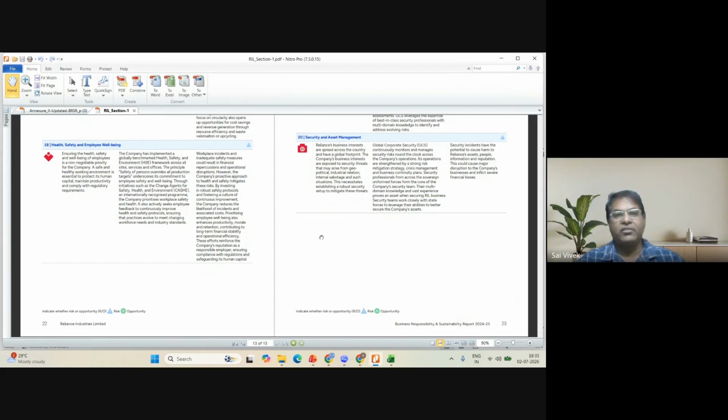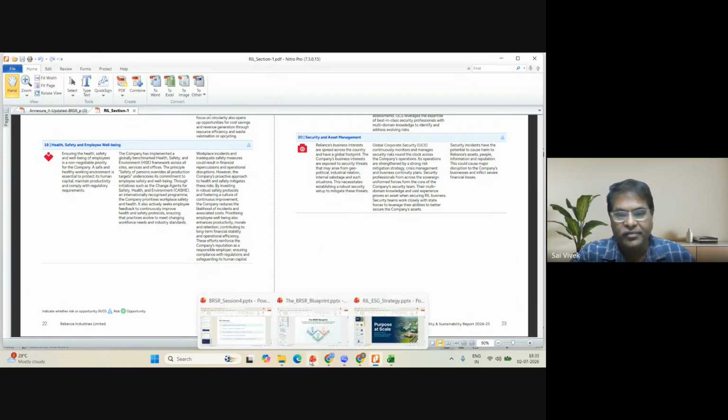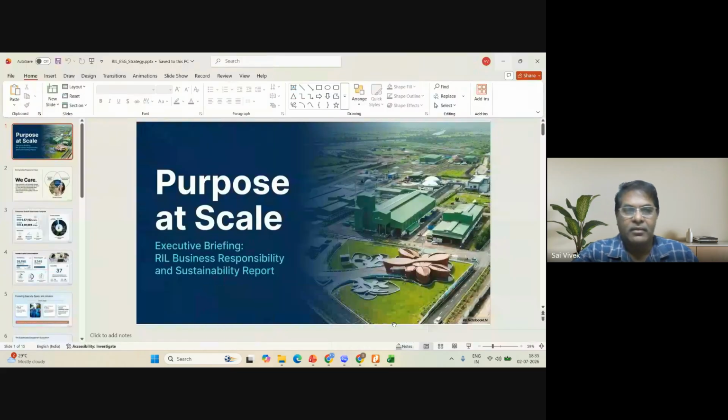Now, I think you got a concise or brief idea of what a BRSR report would look like, and how a leading company, Reliance India Limited, has presented this. Now we'll see the analysis of this, what exactly this is. So here we see this PPT.